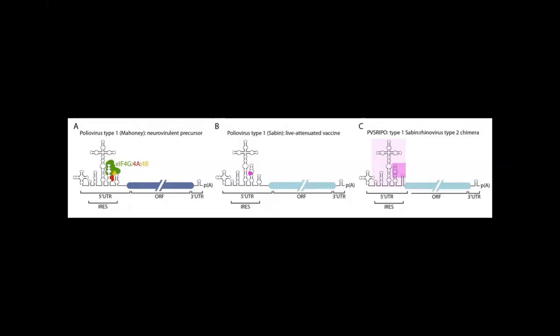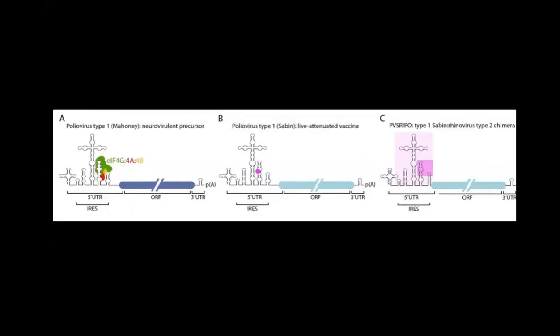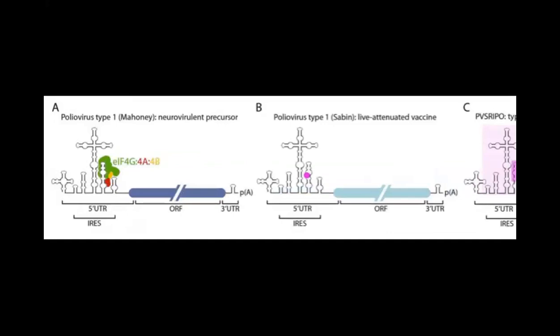Now, on this screen, there are three types of genomes of the poliovirus. So let's zoom in and go into a little bit of detail here.